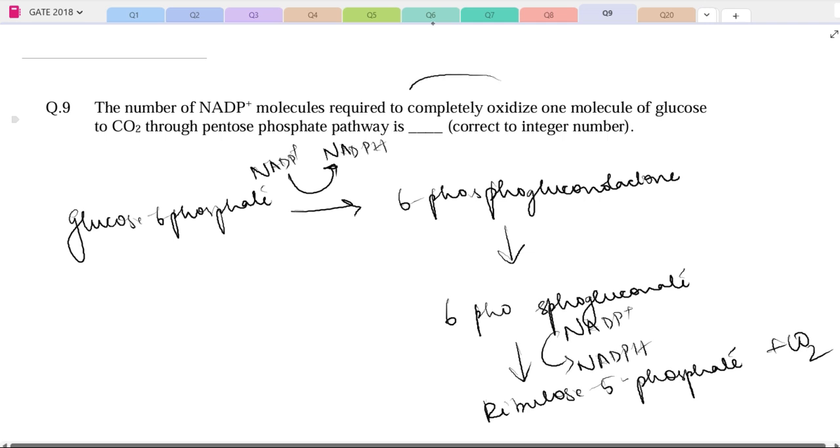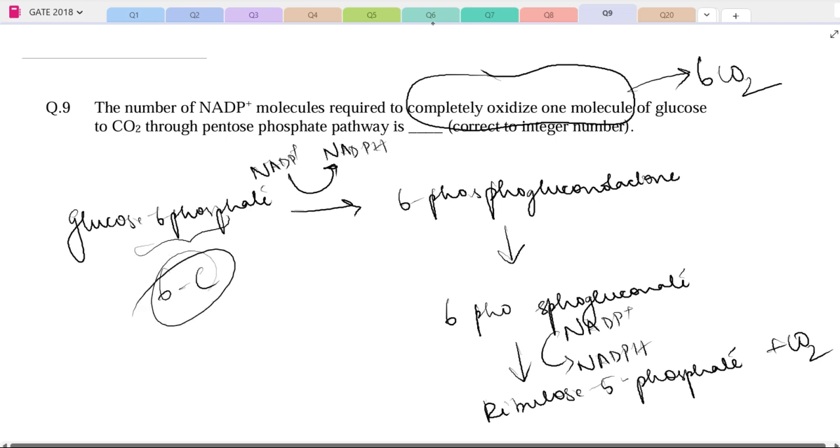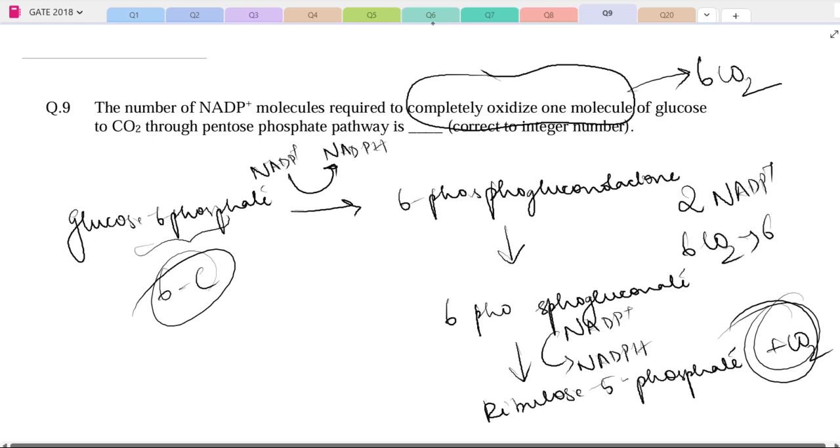They have asked to completely oxidize one molecule of glucose, which means this has to result in the production of 6 CO2, because glucose has 6 carbons. For one carbon dioxide, 2 molecules of NADP plus are consumed. Therefore, for 6 carbon dioxides, it is 6 times 2, which is 12. So the correct answer here is 12.